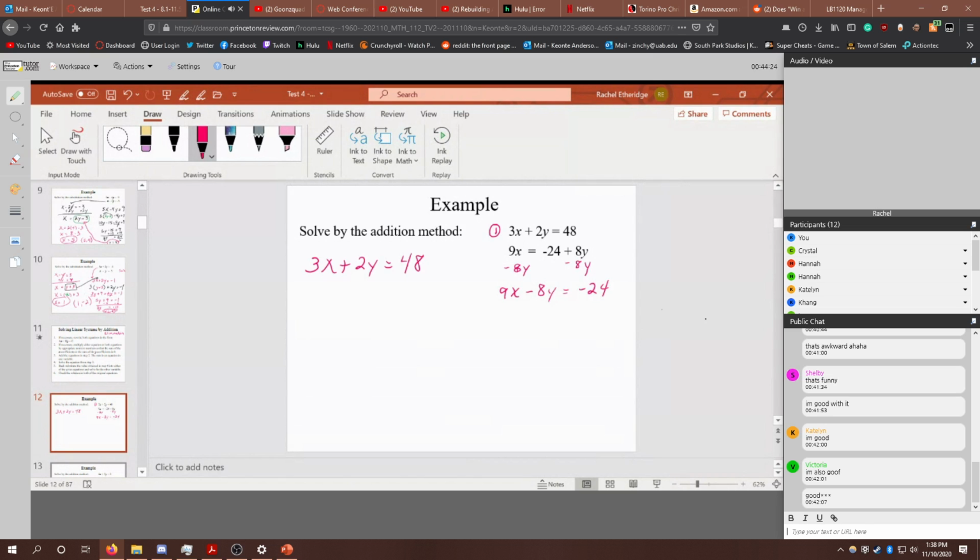And now that equation is in standard form. So let me erase this. I'm going to move it down a little bit. So equation 1 is 3x plus 2y equals 48. Equation 2 is now 9x minus 8y equals negative 24.